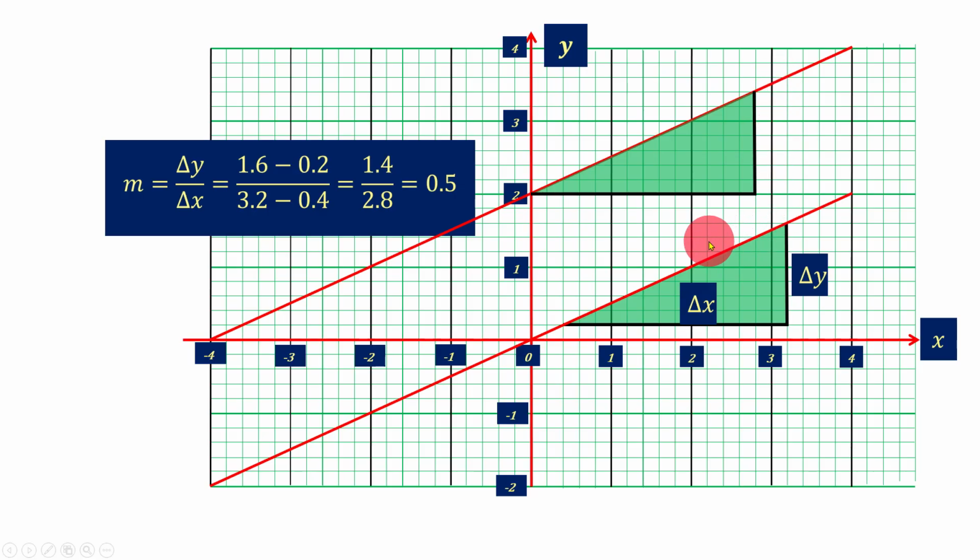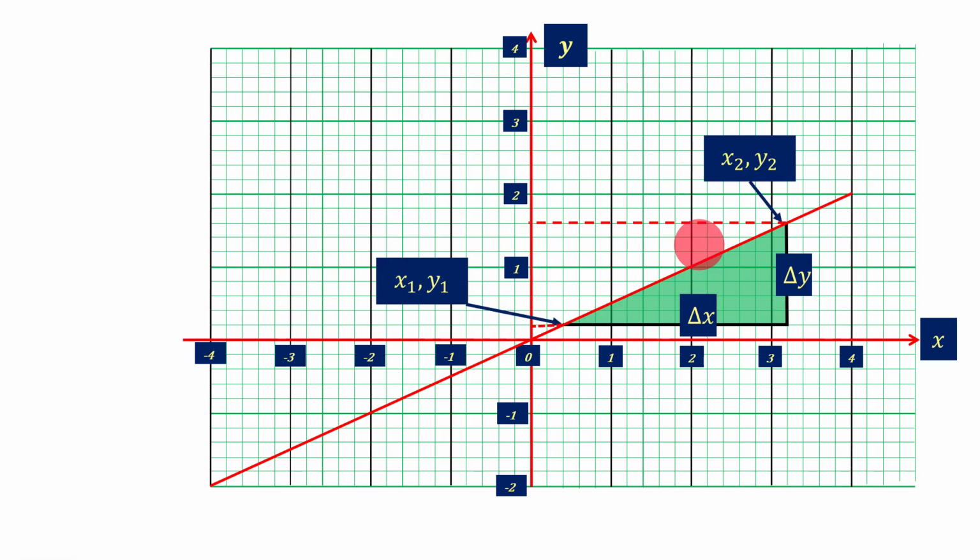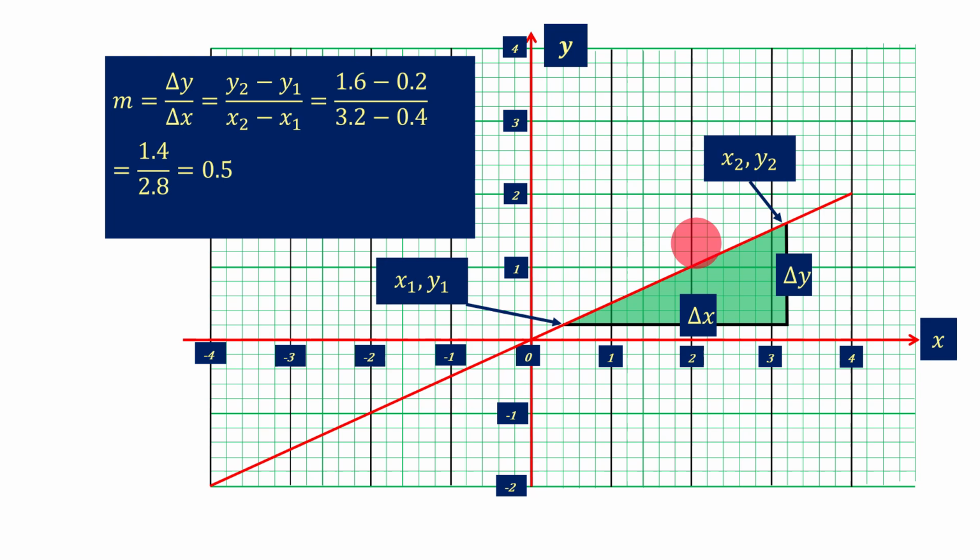So I hope you've gotten the first point of how to determine the gradient of a line, especially of a straight line. You just need to get change in y divided by change in x, and when you are reading these values, you ensure that this one is x2, y2, and this one is x1, y1.